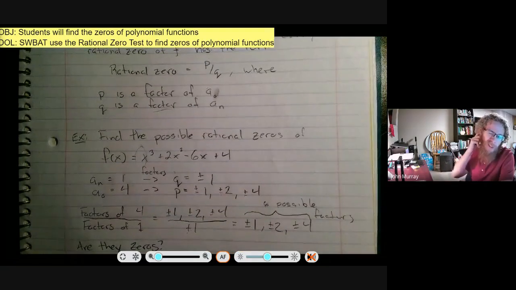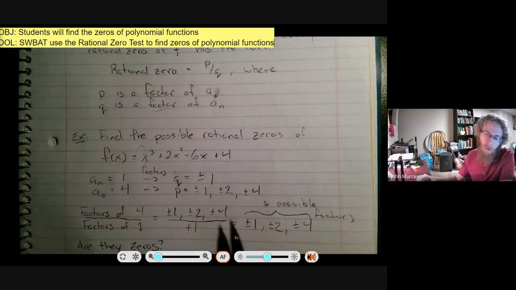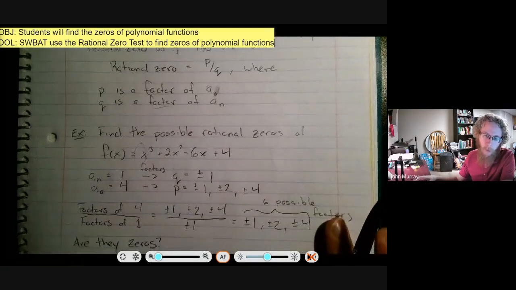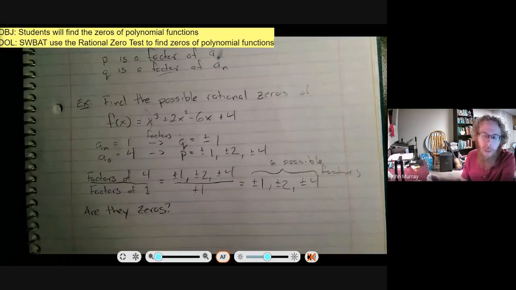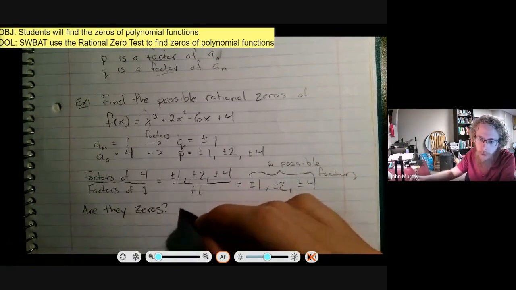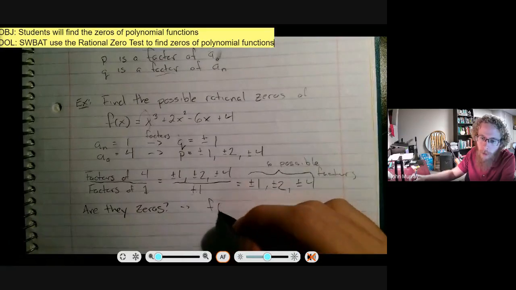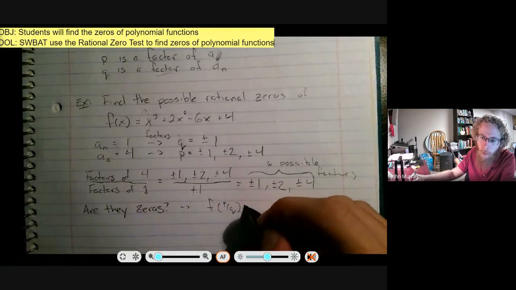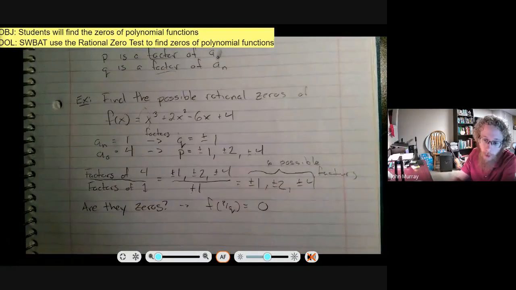All right. So you'll have something like this tonight for homework. But what we do with this is now we want to find out, are they zeros? Are they actual factors? If it is a 0, when we plug it in, we'll get 0.